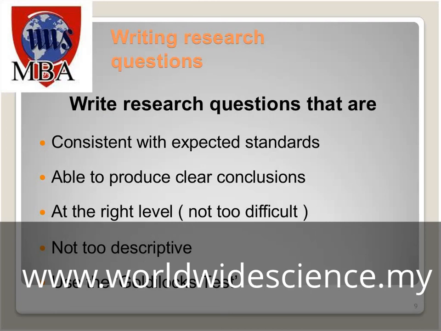First, after you give some background and introduction about your research, now you should write the research question. Research questions should be consistent with expected standards, able to produce clear conclusions at the right level, not too descriptive. Use the Goldilocks test.